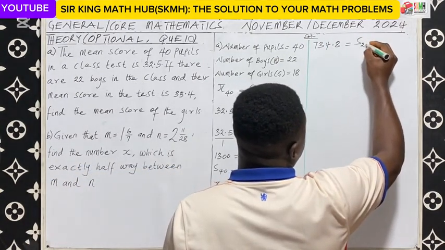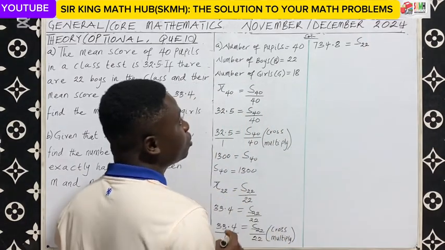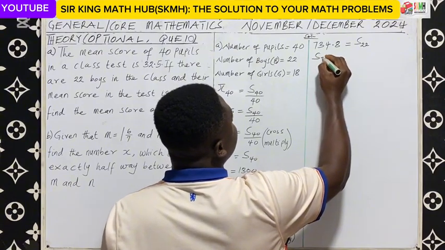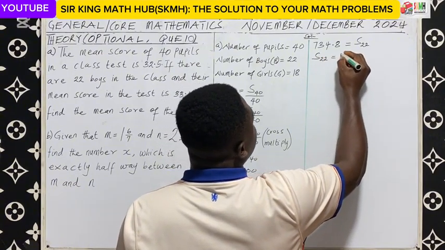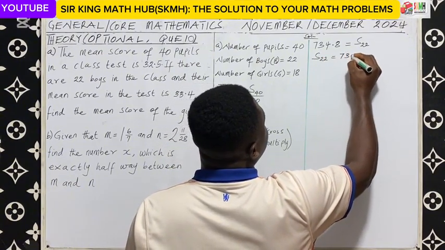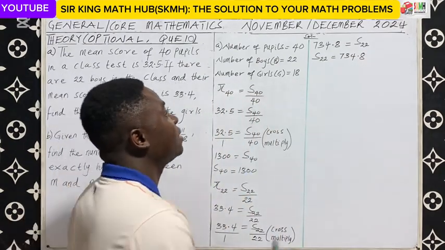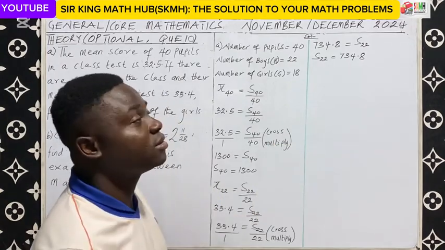I have s subscript 22. So we can say that s subscript 22 is equal to 734.8. So what does s subscript 22 represent?